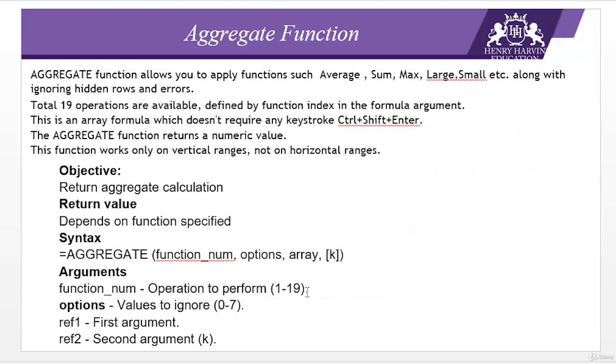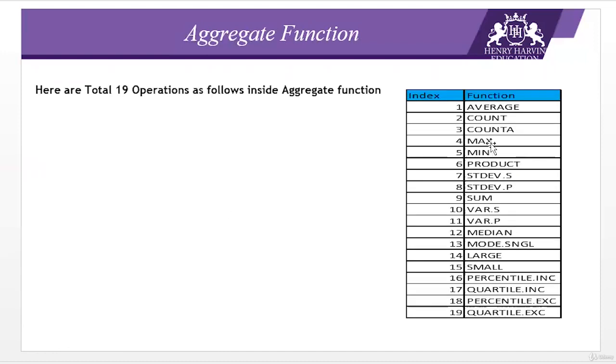When you apply the aggregate function, you can define whether you need average, max, min, and other functions. Maybe you need standard deviation, median, and other functions. So all statistical functions are also there. You can see median is there, standard deviation, product, count, everything is there.